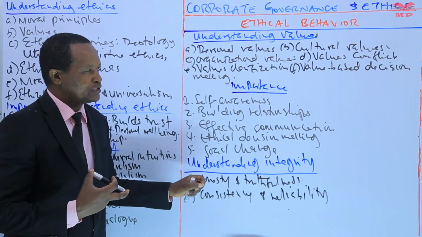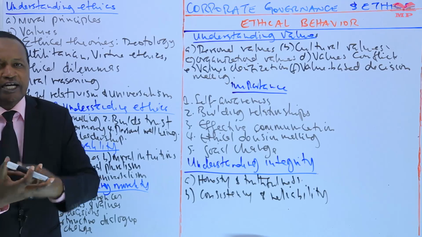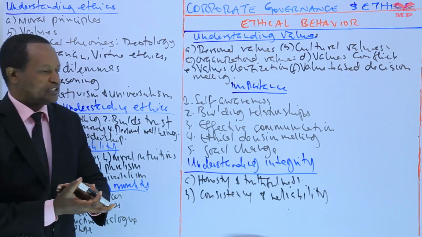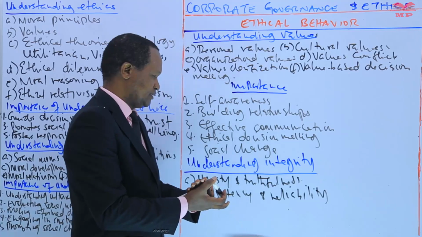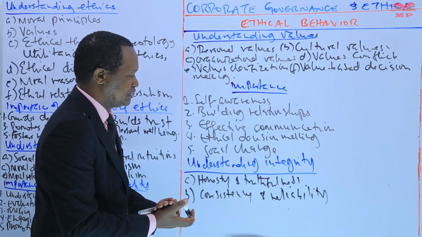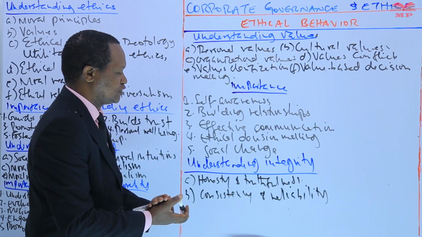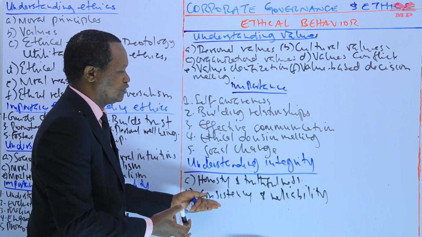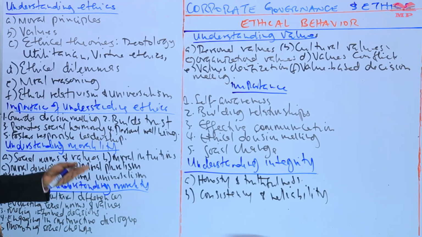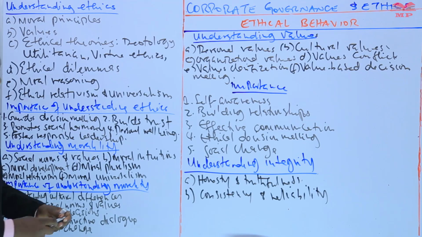These individuals are reliable and trustworthy, keeping their promises and their commitments. You cannot understand integrity if you do not understand consistency and reliability. It is a key aspect of integrity.